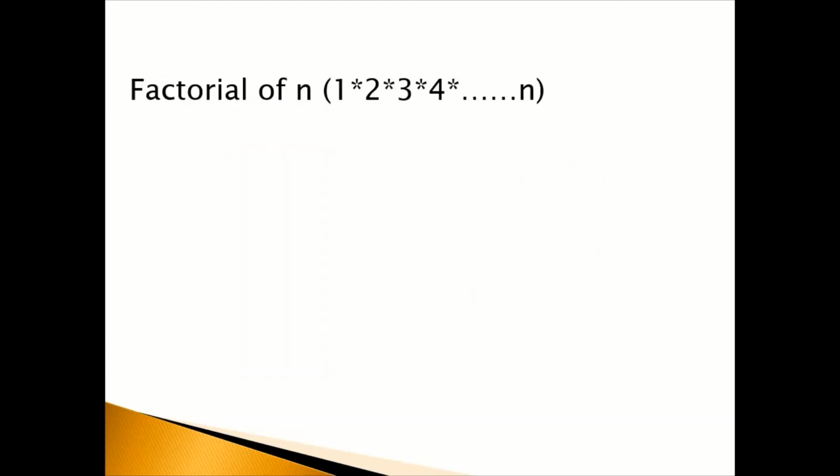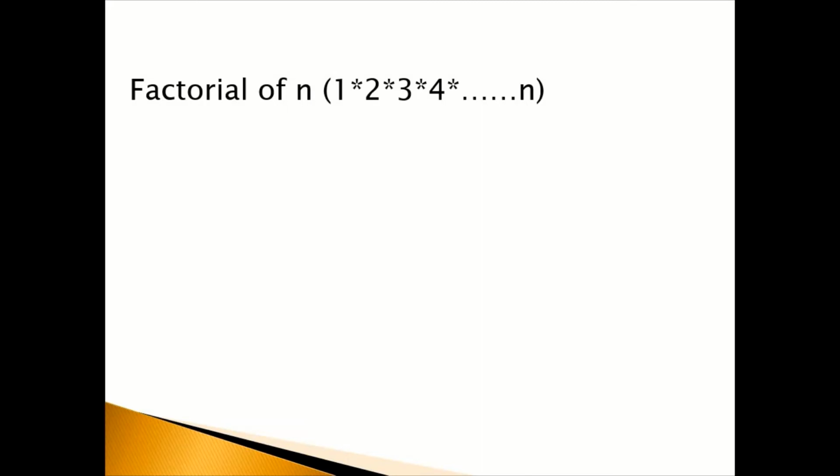Let us go to the next program. The next program is to calculate the factorial of n. As you all know, factorial is nothing but the multiplication of the first n numbers will give the factorial of n.